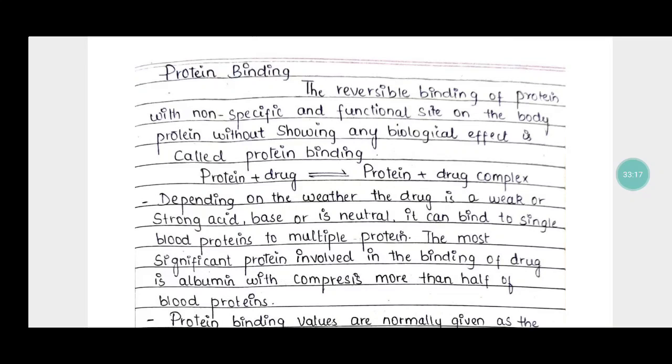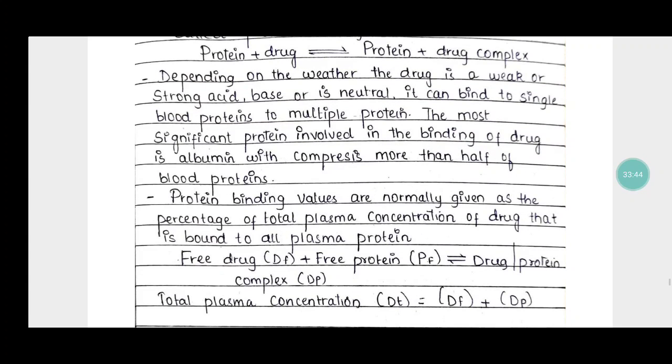So number 2, protein binding. Protein binding is the reversible binding of protein with non-specific and functional sites of the body. Protein without showing any biological effect is called protein binding. Protein plus drug gives the protein-drug complex.